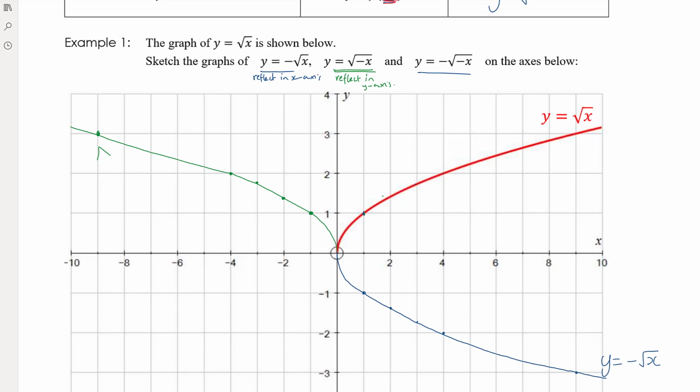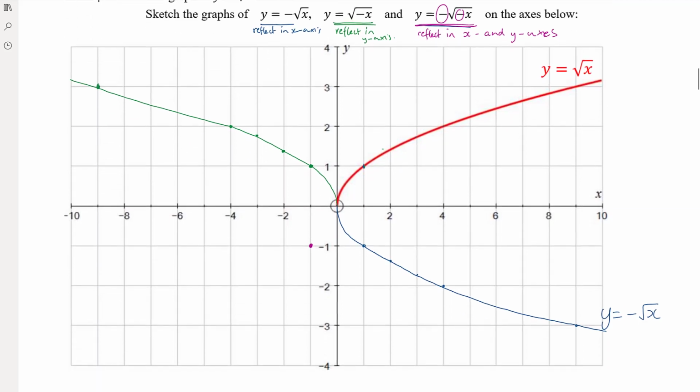Alright, the third graph I want to draw on here is this one. Let me find another colour. So this one here. So we've got the negative out the front and the negative inside. So we're going to be doing both reflections. So reflect in the x and y axes. And when we do that, both the x coordinate and the y coordinate become negative. So the point 1, 1 becomes the point negative 1, negative 1.